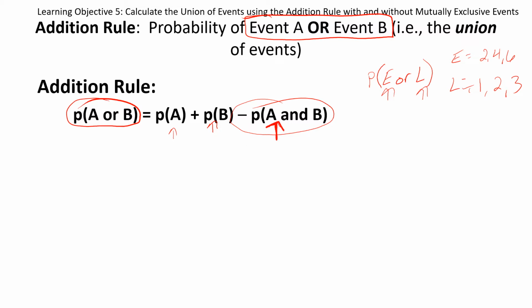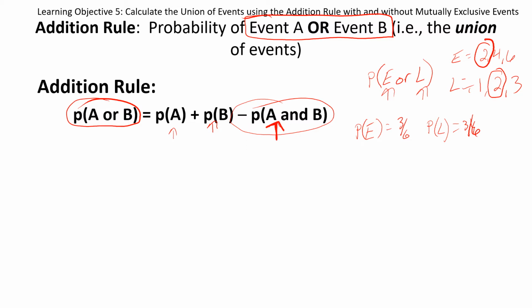I'll do a graphical representation, but let's look at it in my example. In even, we've got 2, 4, and 6. In low, we've got 1, 2, and 3. What have we done with 2? If we look at the probability of even, it's equal to 3 out of 6. The probability of low is equal to 3 out of 6.